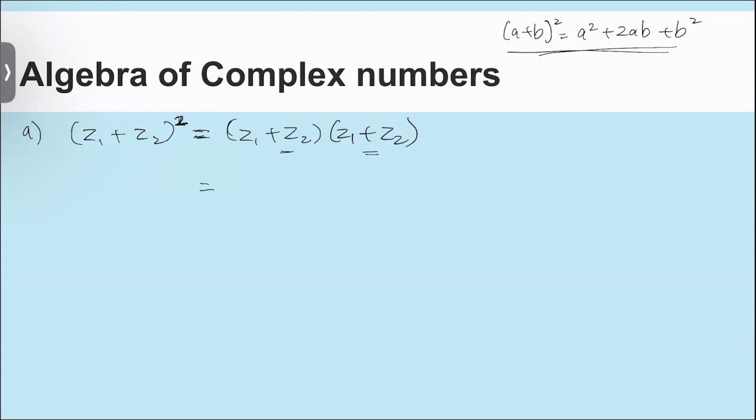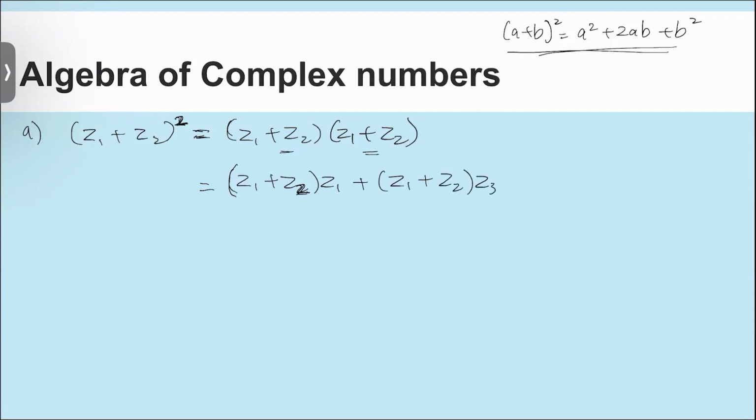Now, using the distributive law that we used when we were doing addition, and the rules which are followed when we have to multiply two complex numbers, we segregate the terms.